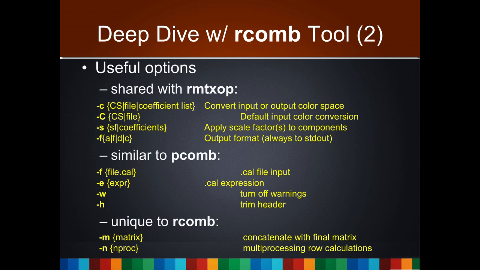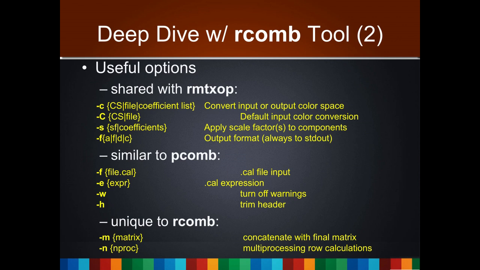There's no intercommunication between channels except via this -C, which says, I want to take my single element, however many coefficients it has, and multiply it by the little matrix that I'm giving you. If you're going from RGB to photopic, you would just have 3 coefficients, and it would take your RGB and put it into one channel. But if you wanted to transform those 3 RGB coefficients into XYZ, you would give it 9 coefficients, and you'd get 3 channels in, 3 channels out, but with different channels.